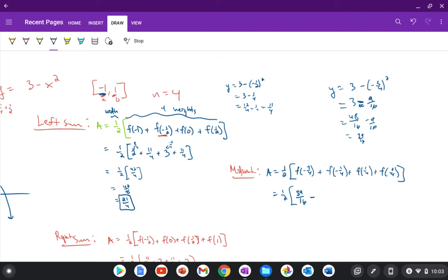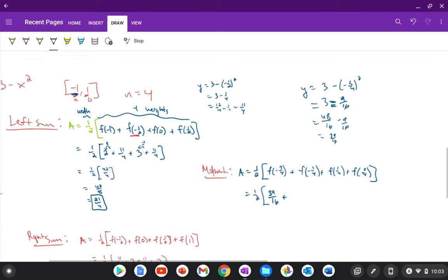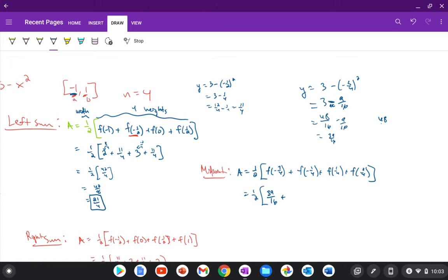So this one gets a little bit messy. And then with the 1/4, that's 1/16. So it's 48/16 minus 1/16. So that's going to be 47/16. And then +1/4 will be the same, 47/16. And then +3/4 will be the same as the -3/4 of 39/16.